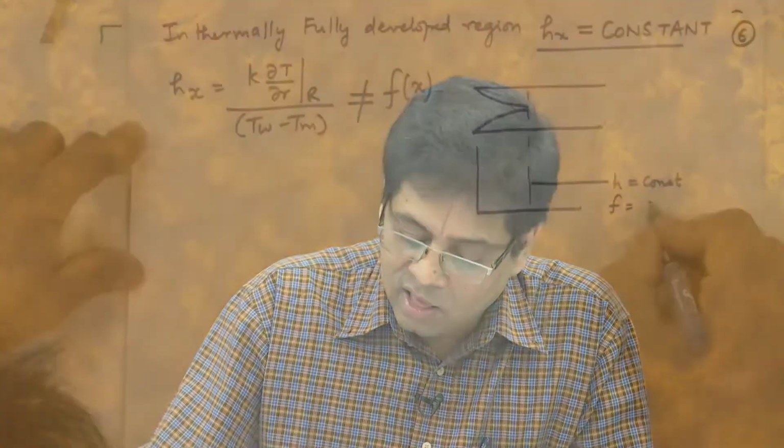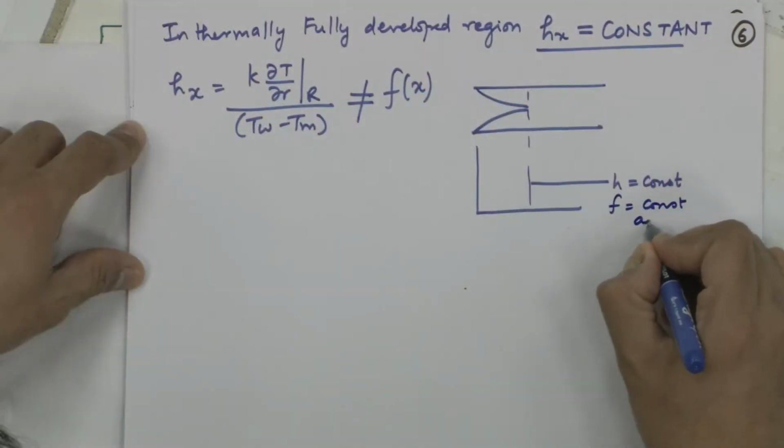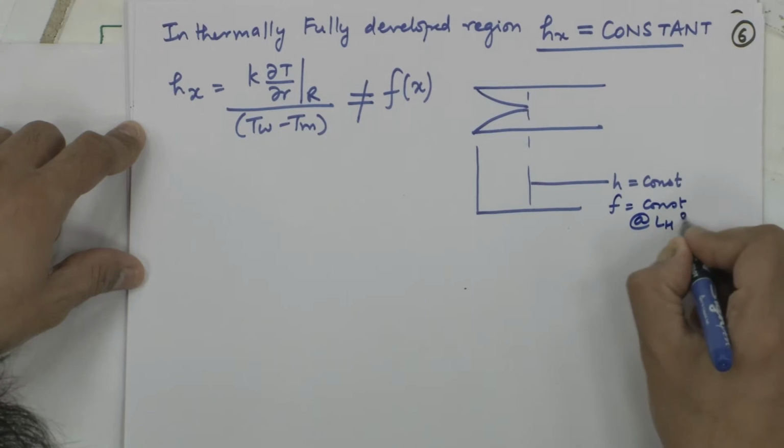Variation of temperature with respect to y or r is directly related to the heat transfer coefficient. The behavior of the heat transfer coefficient is exactly like how the friction factor behaves. So, if I were to use the same logic, let us write that friction factor is equal to constant after L_H and beyond.